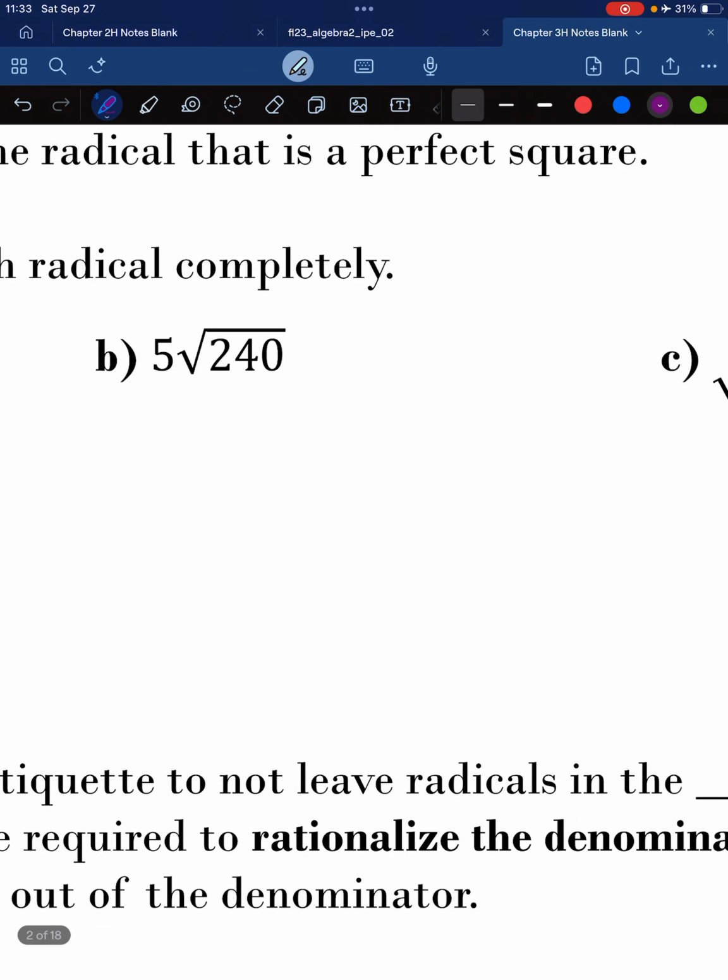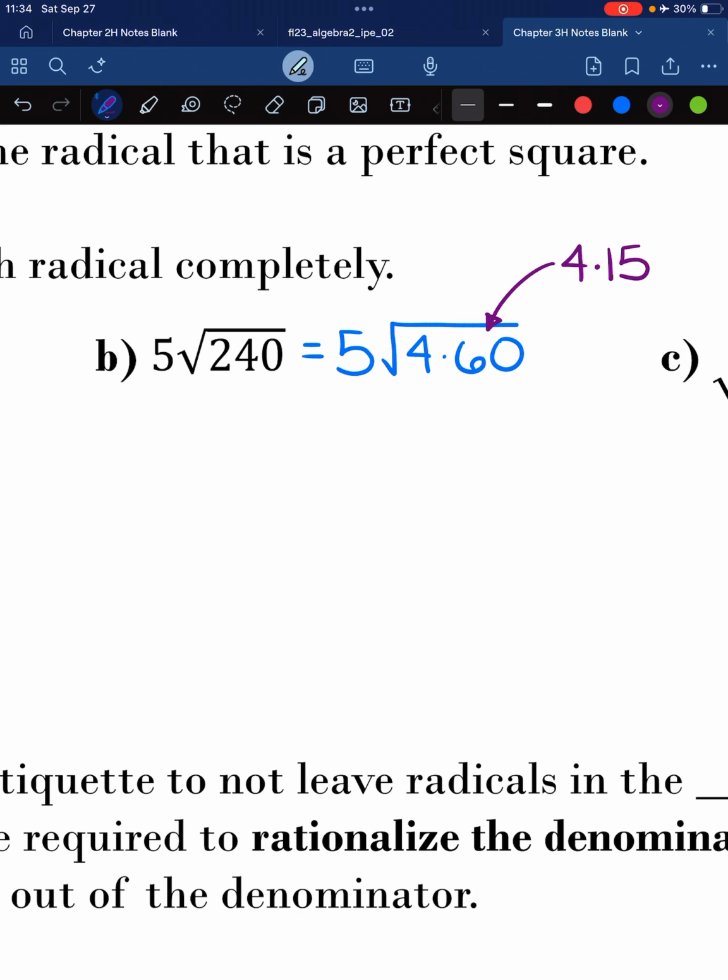Okay? B has a coefficient in front, but it's not going to change anything about what we do. We still just copy down the problem. 5 stays in front. It's being multiplied by the square root. And it's going to take some practice, but you need to go through and see what is the biggest perfect square that goes into 240. Because I could do 4 times 60. The issue, though, is that 60 is still divisible by a perfect square. 60 is 4 times 15.